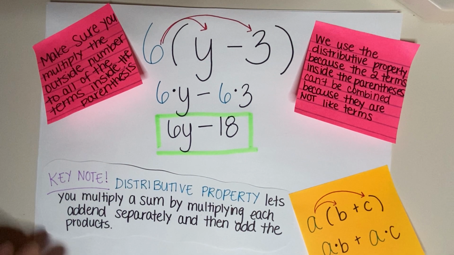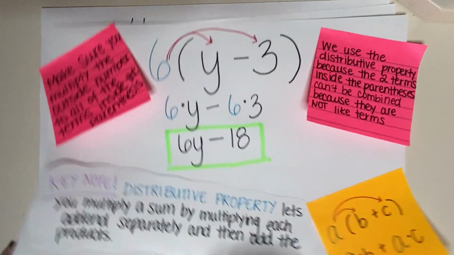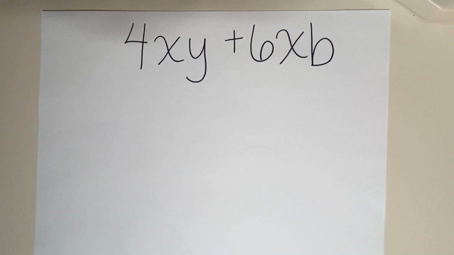All right, well, we have one last example that's different from the rest. So here we go. Oh man, we have this expression of 4xy plus 6xb. So many letters, so many things happening. I'm confused.